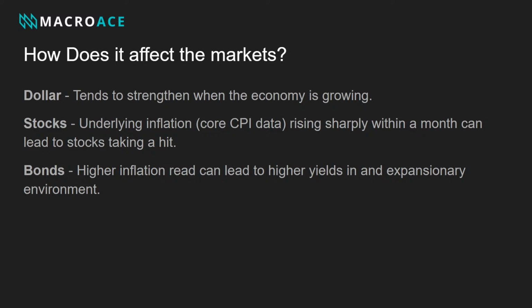So when short-term interest rates are raised, longer-term bonds also start to see an increase in their yield. So it's a good sign for bond yields if you see hot inflation, and it plays into the hands of the Federal Reserve to tighten monetary policy.